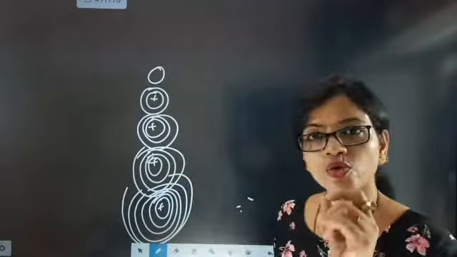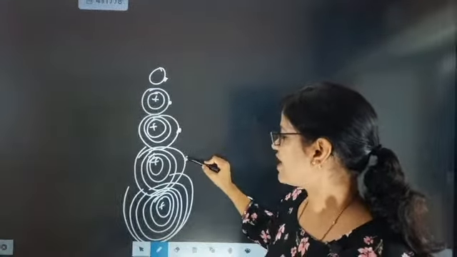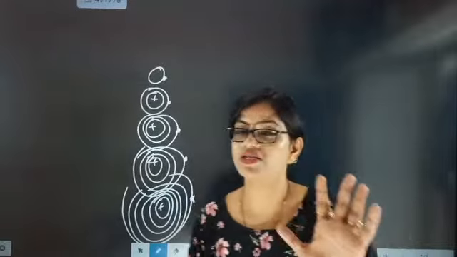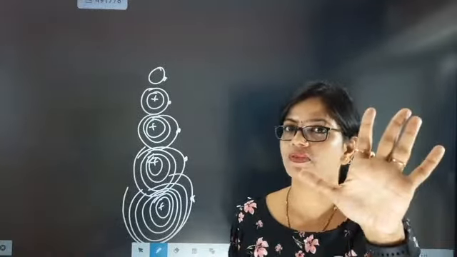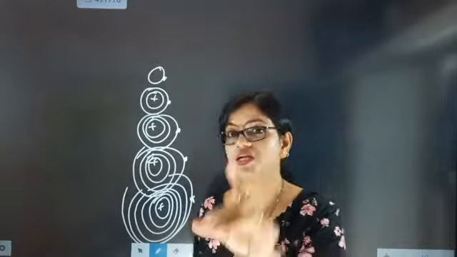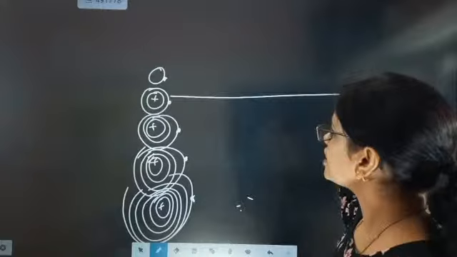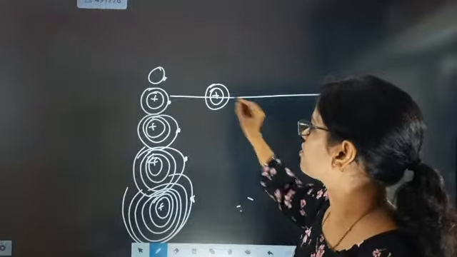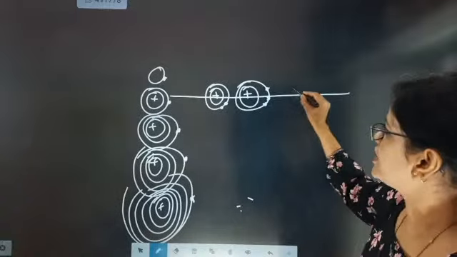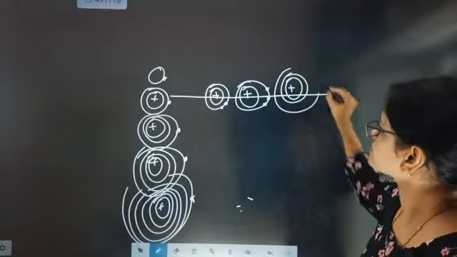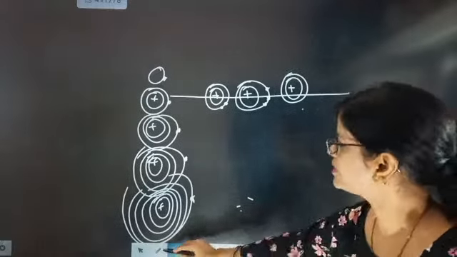Only in a group, the valence electrons in the outermost orbit are the same, but the number of orbits is not the same. In a period, the same orbit has filling of electrons taking place.